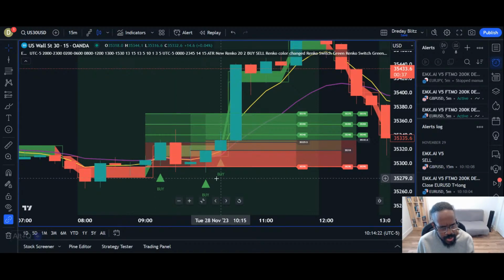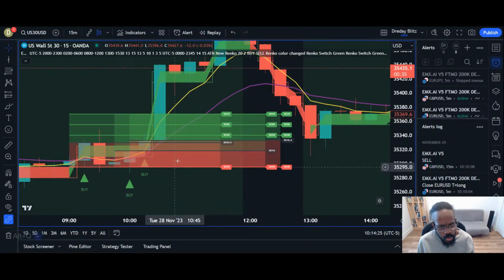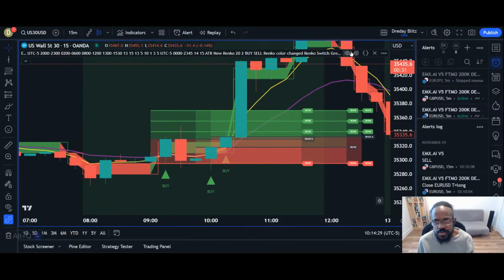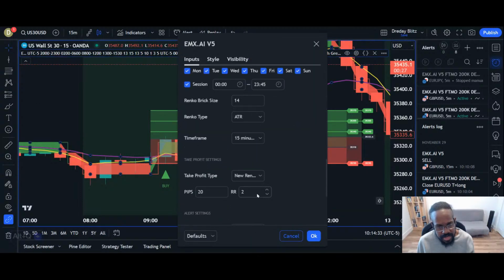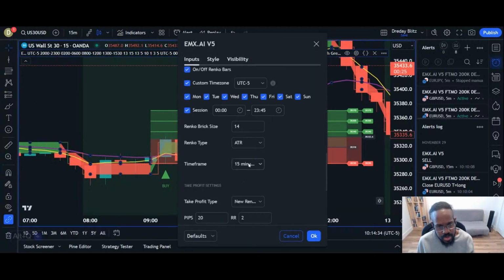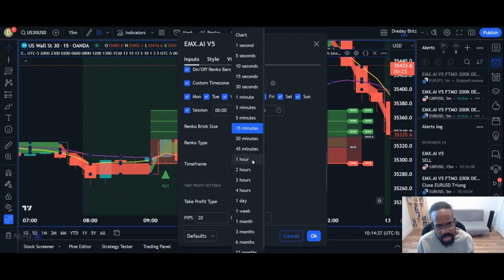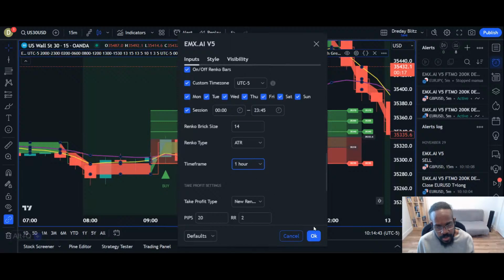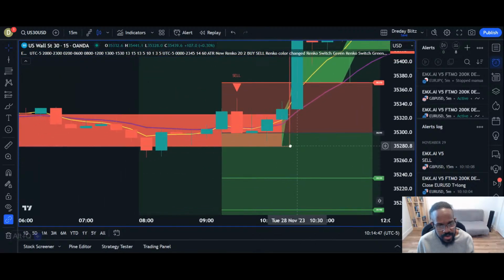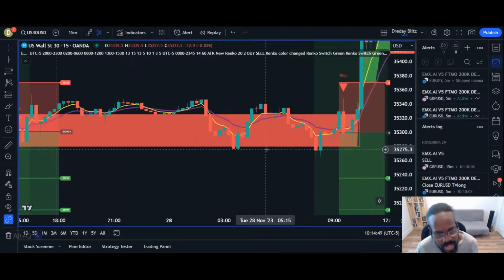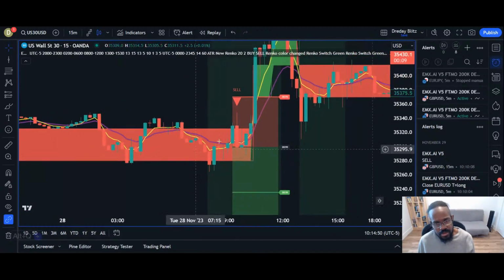We had a couple of buys here off of the 15-minute Renko, not the 1 hour, because if you put it on the 1 hour, you're not going to have the same setups. So that's why you need to play with the Renko bar time frame to see exactly the best one based off of your trading strategy, your trading plan.